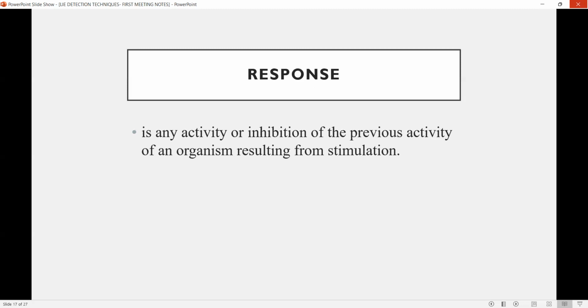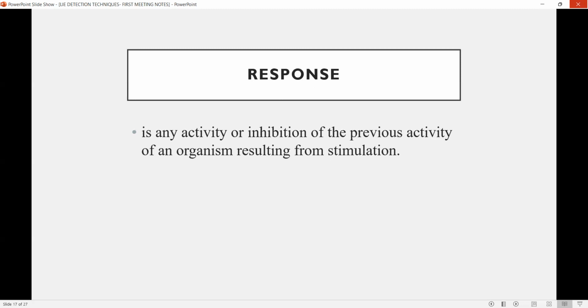So again, the difference between stimulus, reaction, and response: stimulus, relating to lie detection techniques, is the question. It refers to any outside force coming from the environment which could excite the receptor. So if you will be asked a relevant question, or questions directly related to the case in question, of course, ma-excite ang imong receptor.